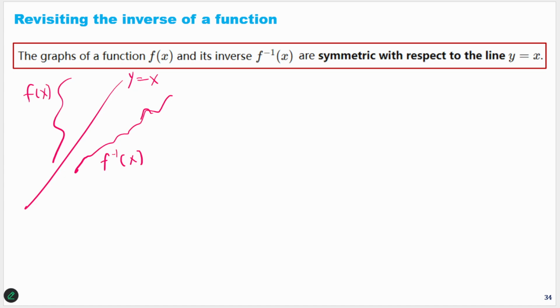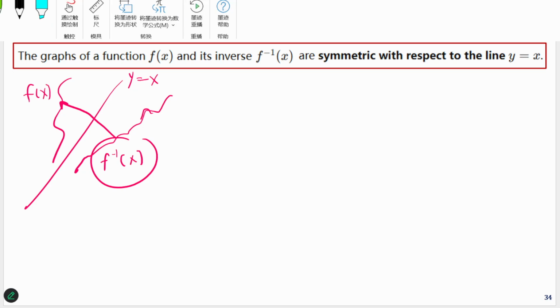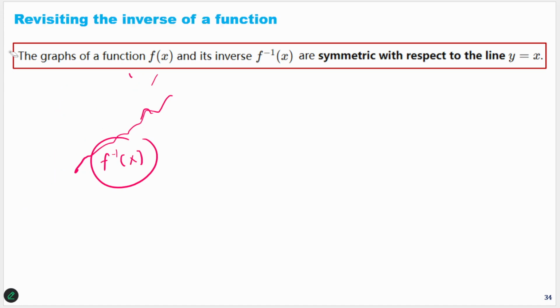And vice versa. You also need to prove that any point on the inverse of f(x), if reflected in the line y equals x, is also on the graph of f(x). This way, you can prove they are symmetrical with respect to the line y equals x, right? Does that make any sense? And the method should be the same. So as long as you can prove the first half, the problem should be solved.